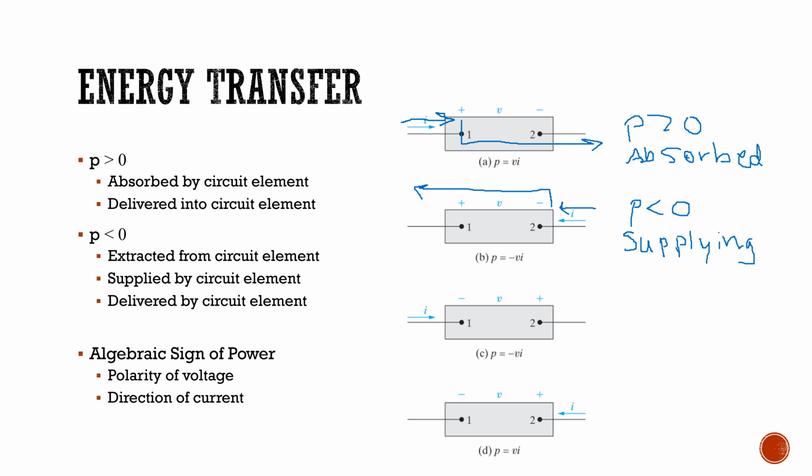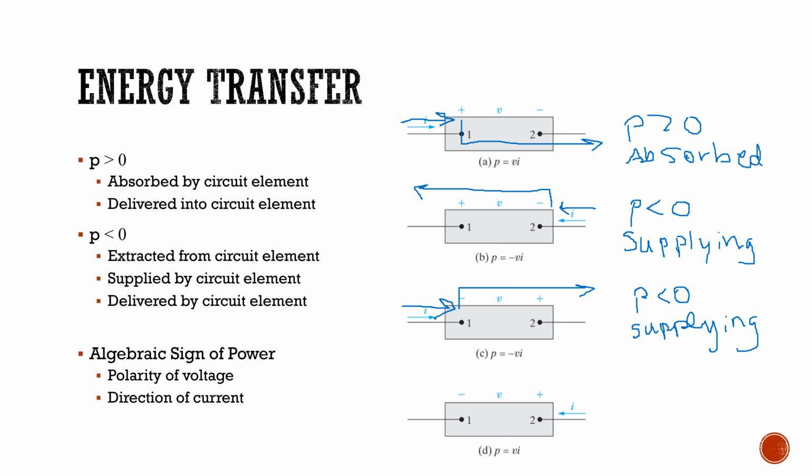Okay, in the third example, charge is entering our circuit element at the negative terminal and is experiencing a voltage rise. So again, the power would be a negative value, and again, this circuit element is supplying energy to the remainder of the circuit.